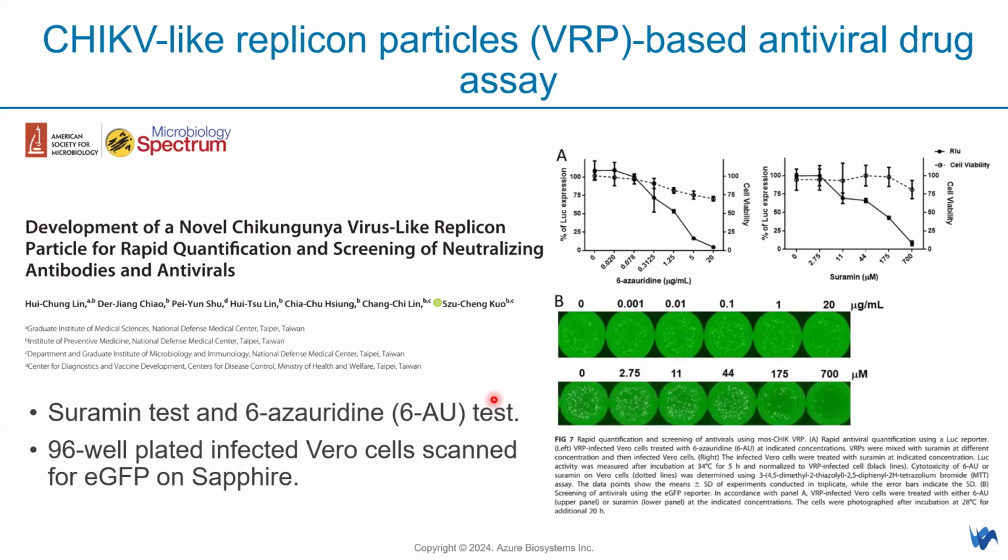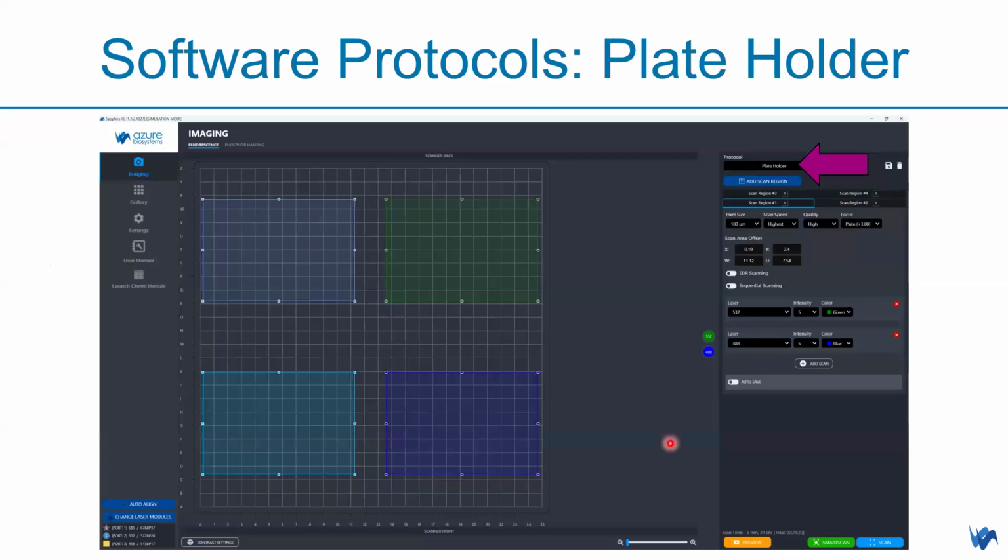So the time taken to scan, and then in the capture software, let me pull up this one, right? So let's say you're using the plate holder or you want to occupy the whole glass bag scanner.